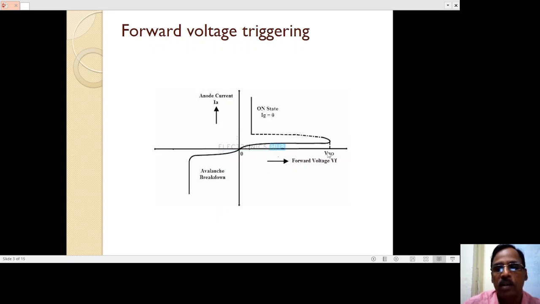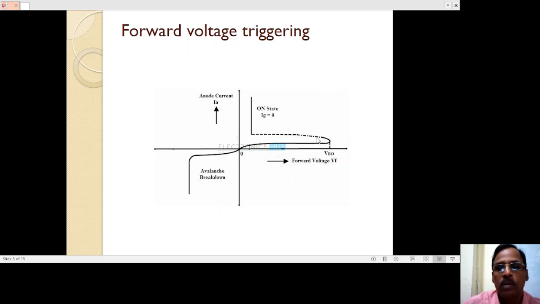When voltage reaches VBO, forward breakover voltage, junction J2 breaks down and your SCR starts conducting. In this mode, junctions J1, J2 and J3 are almost conducting. So your SCR acts as a switch which is on.